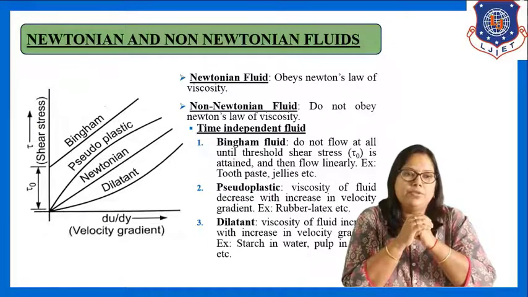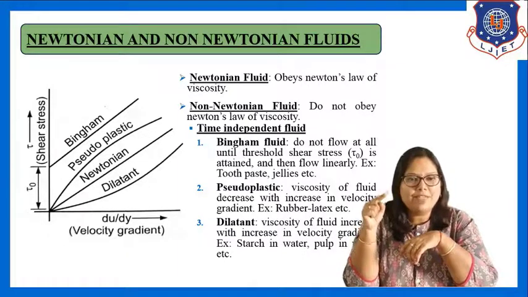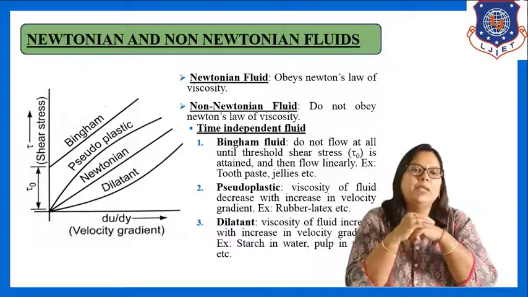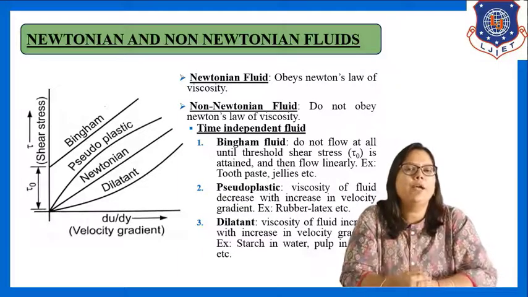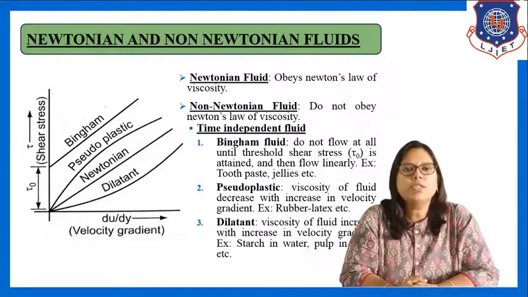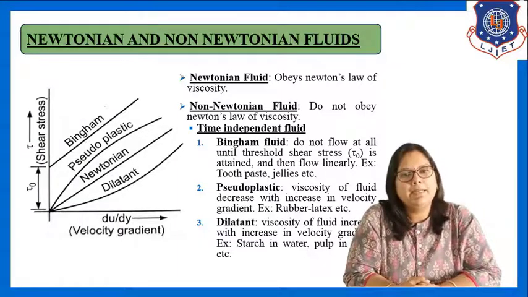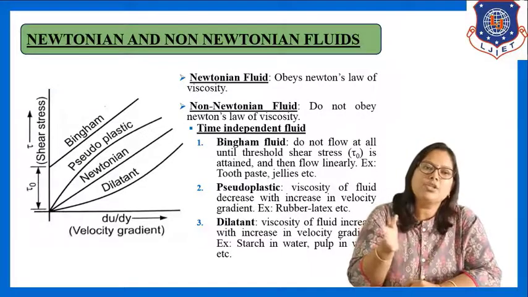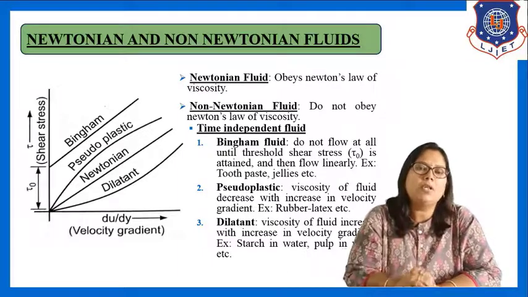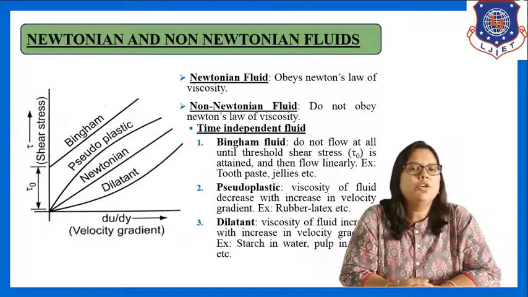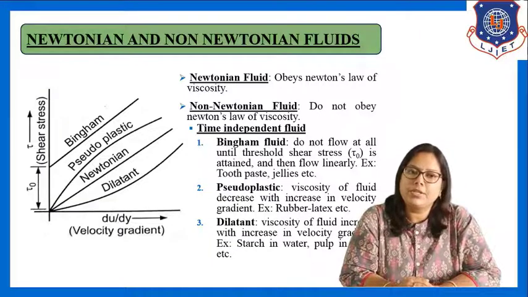In the graph you can see some value tau 0, and after that the Bingham line appears. After the threshold shear stress is attained, it flows linearly. Examples of Bingham fluid are toothpaste, jellies, etc.